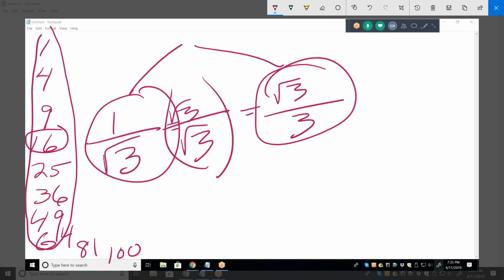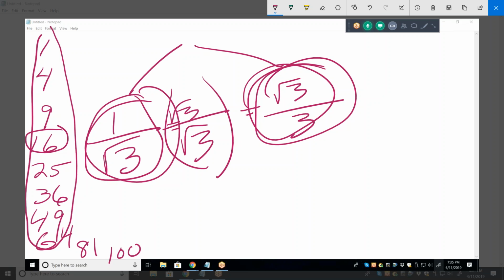The reason you have to have a rational denominator is because division is all about dividing something up into a certain number of parts, right? Right. Well, I can divide something up into 3 parts, but I can't divide something up into the square root of 3 parts.